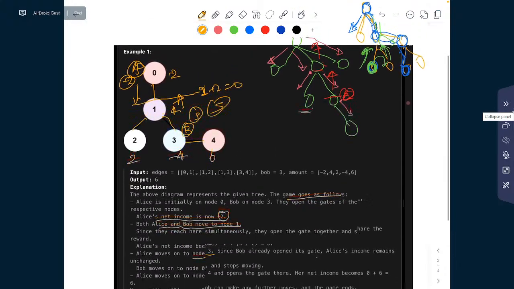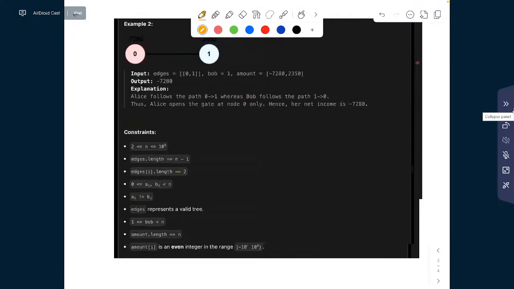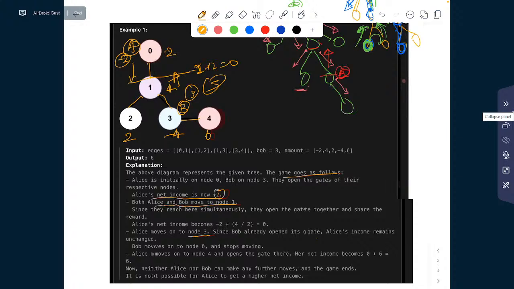Let's see the time complexity of this. N is 10 to the power 5, it means we need an order N solution. There are as many nodes as this. So ultimately they have to reach the root node and there can be two paths for it.